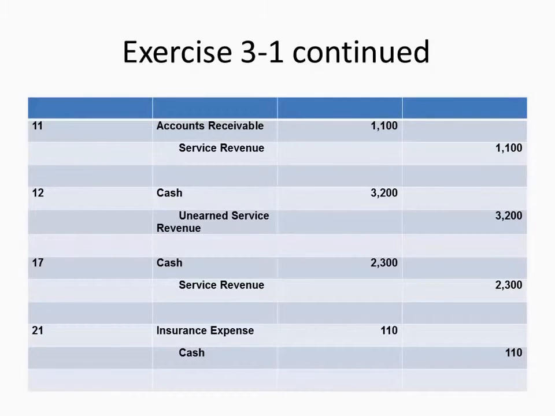If it says you've done something on account, have you paid it? No. So you should never charge cash if it's on account. You would charge either accounts payable or accounts receivable, depending upon whose account it's on. If someone bought something from you on account, it's receivable. If you bought something on account from someone else, then it's payable. Right, you got it. Okay.